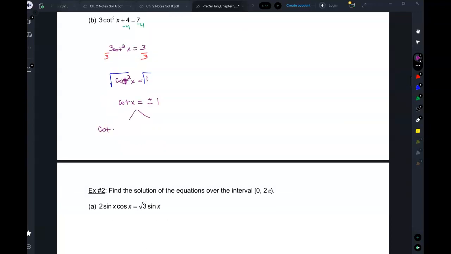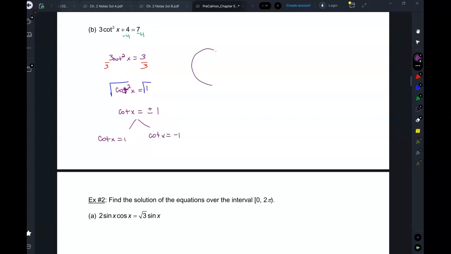So now I have two equations. I'm asking myself, where is cotangent equal to positive 1? Where is cotangent equal to negative 1? On the unit circle, cotangent or tangent is equal to positive 1 here and here, right? At pi over 4 and 5 pi over 4. Where is it equal to negative 1? Here. 3 pi over 4, 7 pi over 4.